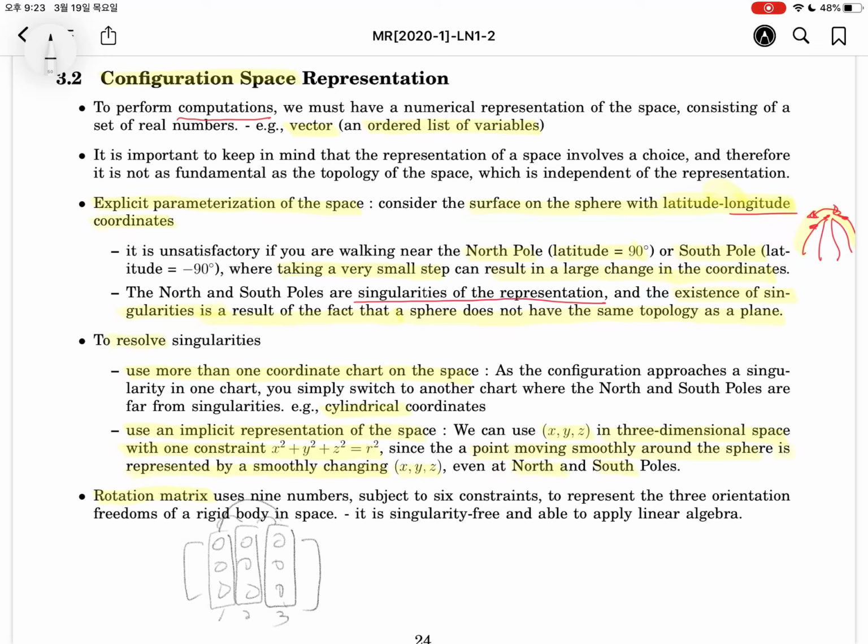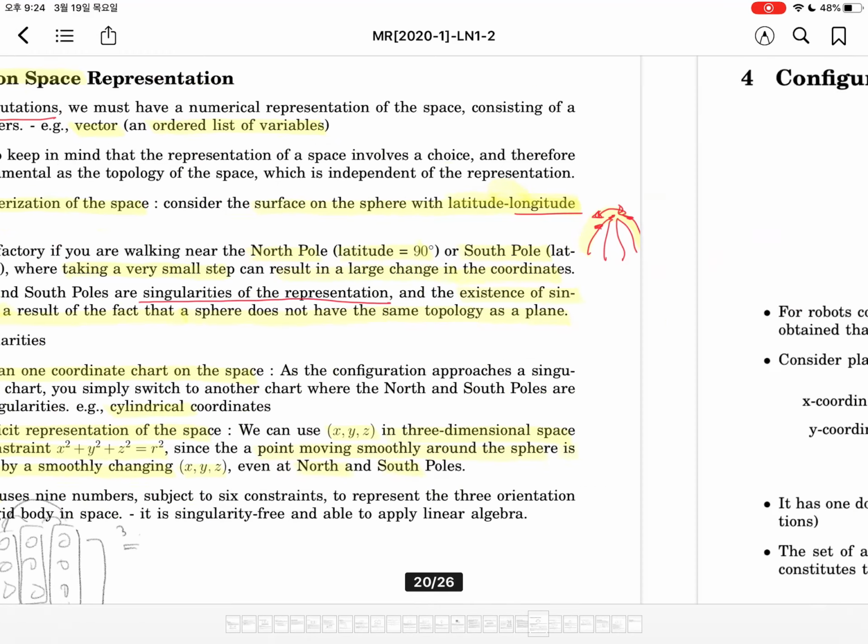It means the inner product between the column vectors will be 0. So we have 3 more constraints. It means the rotation matrix has 9 elements, but it has 6 constraints. So the rotation matrix is also an implicit representation of the space.